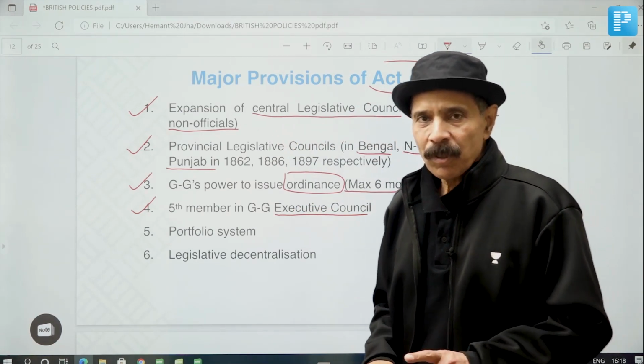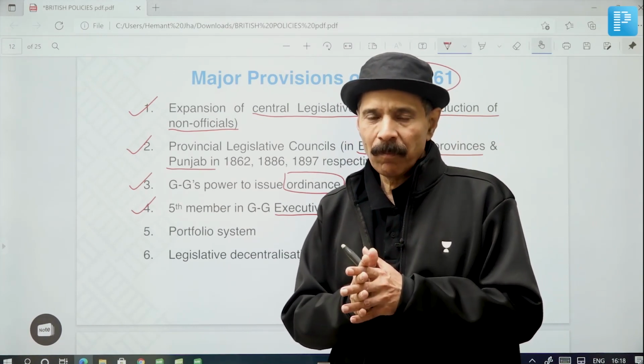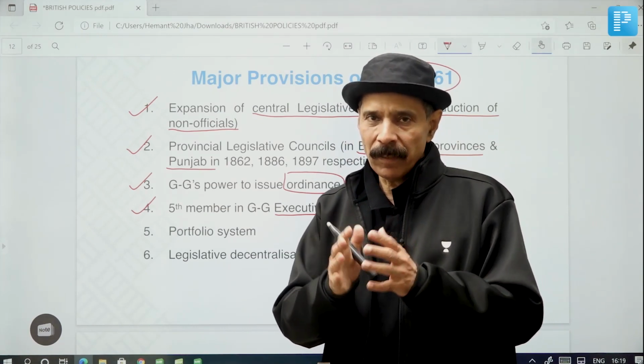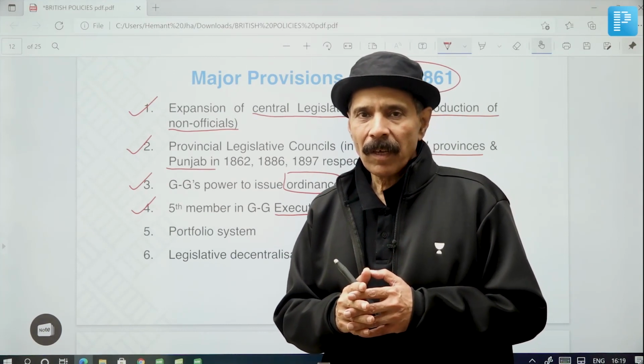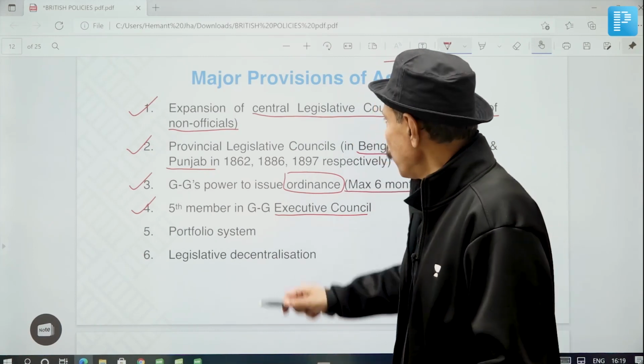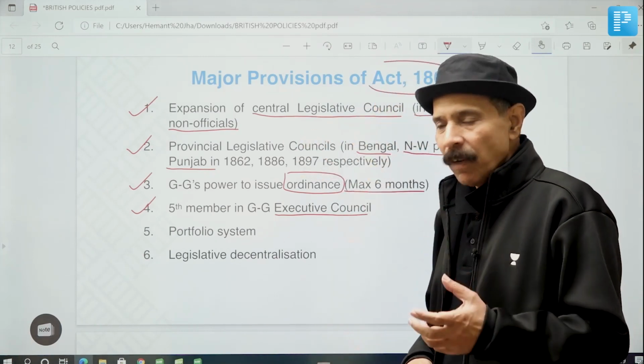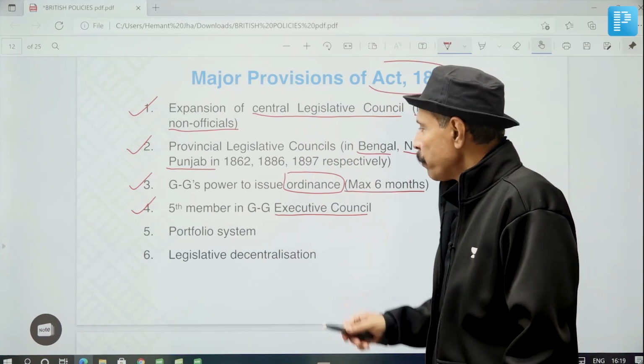You have come to know that the same council played role in two different ways. And when it met for legislative function, it was known as Central Legislative Council. When it met for executive function, it was known as Executive Council.